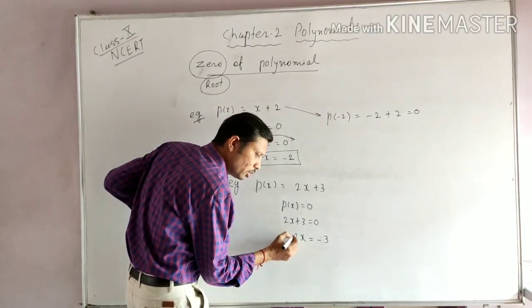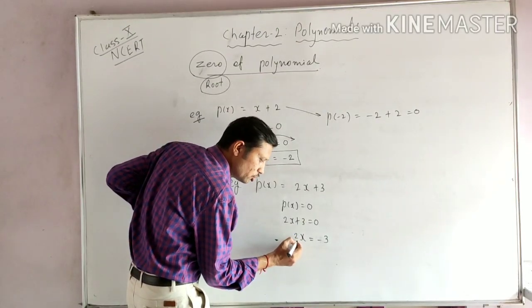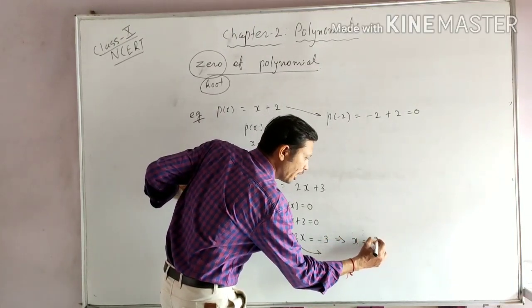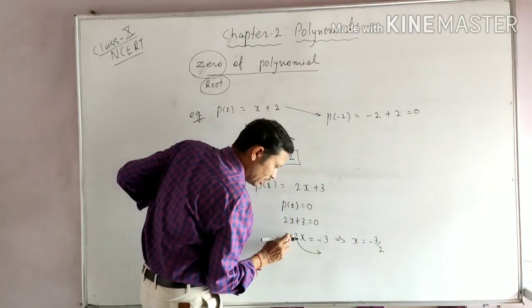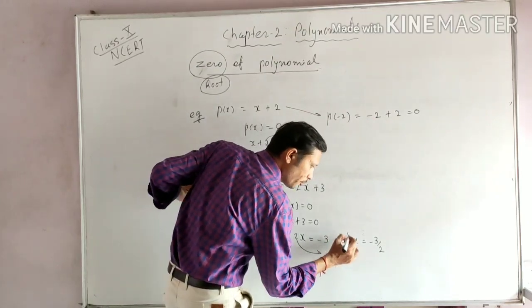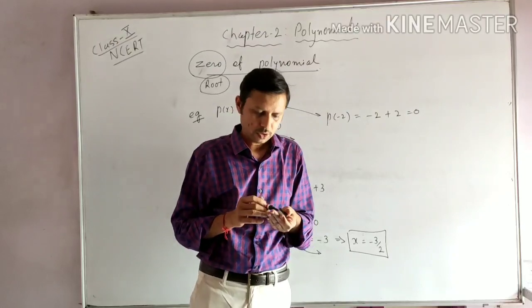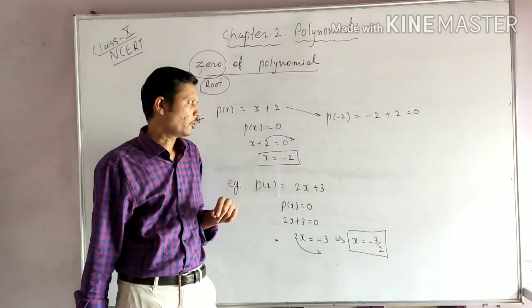And now the 2, which is in multiplication with x, will shift to the denominator. So x is equal to minus 3 by 2. Multiplication to division. So this way we can calculate the zero of the polynomial. Okay?